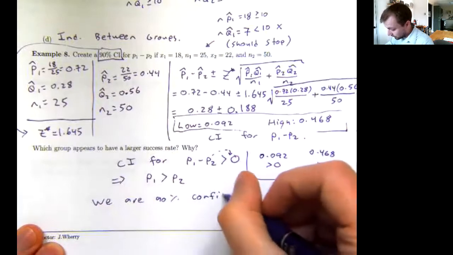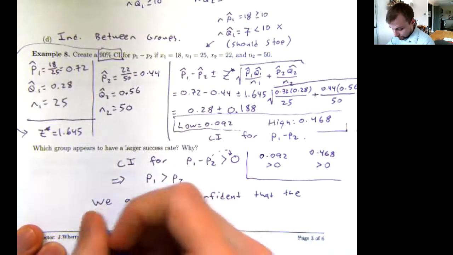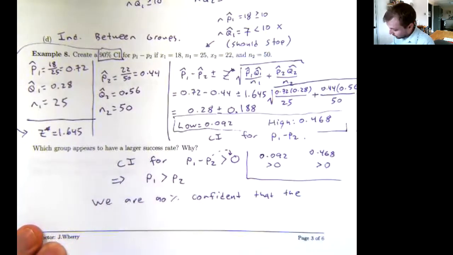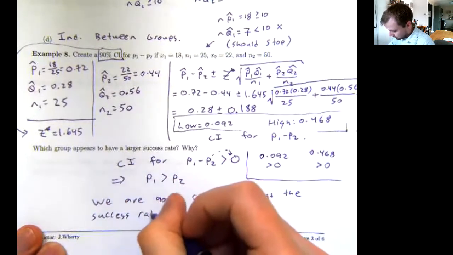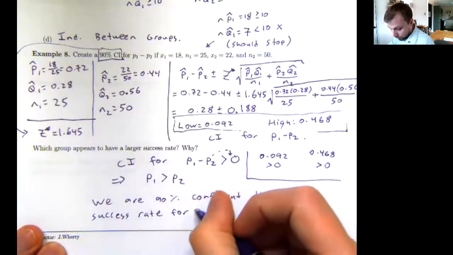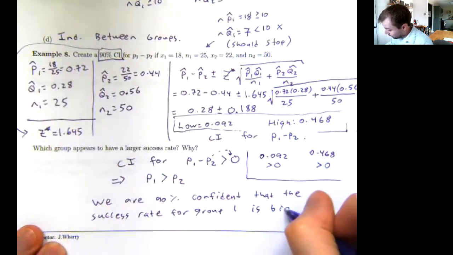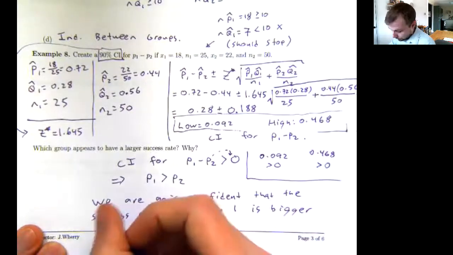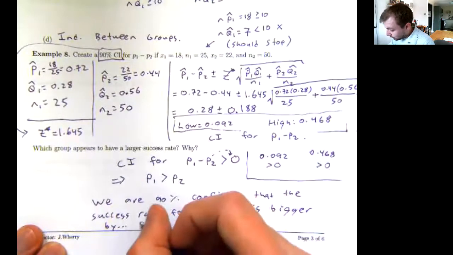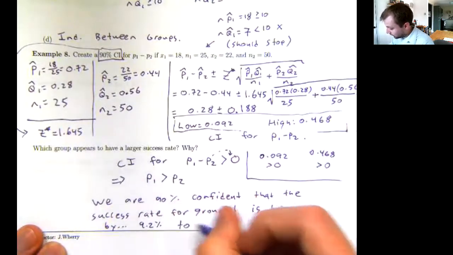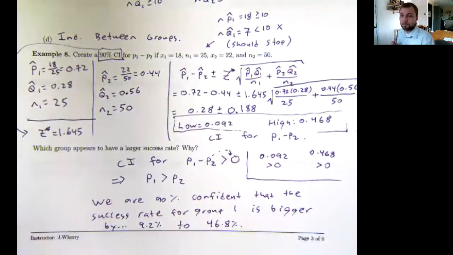We made a 90% confidence interval that the difference in success rates for group 1 is bigger than group 2 by anywhere from, on the low end, 9.2% bigger, to on the high end, something like 46.8% bigger.